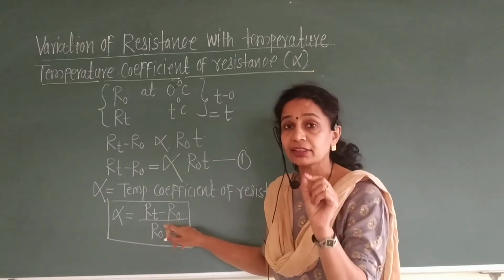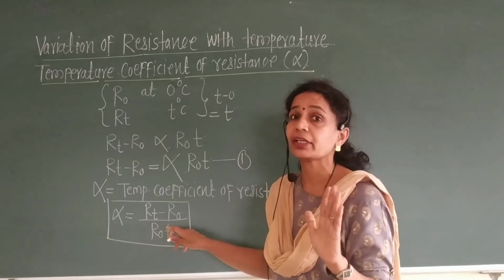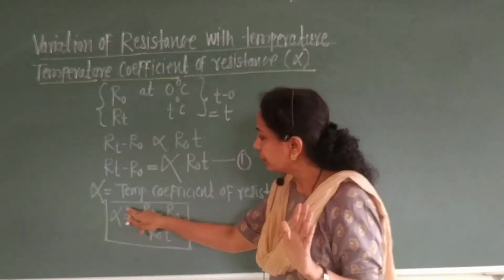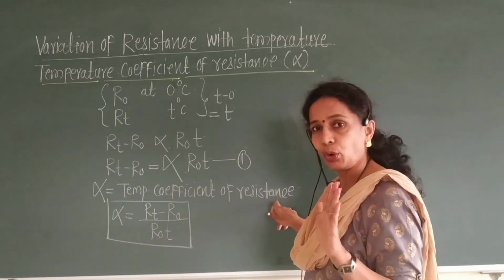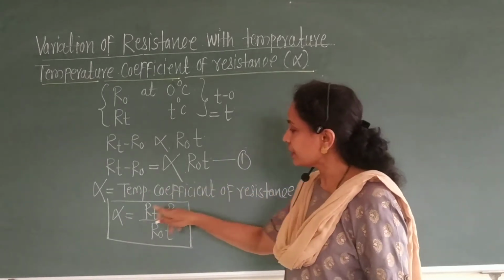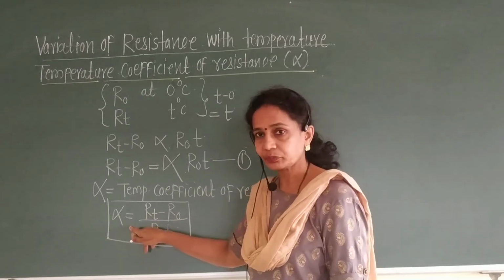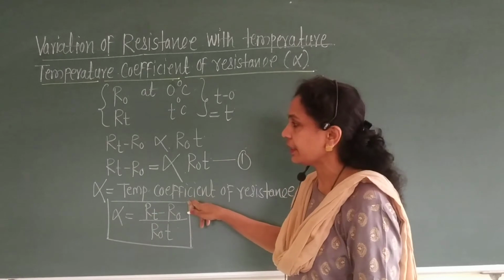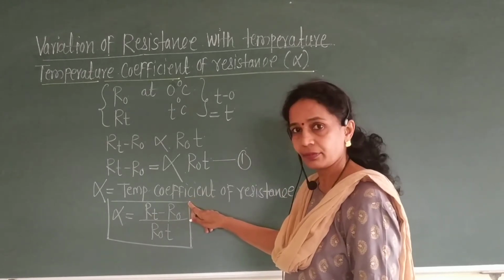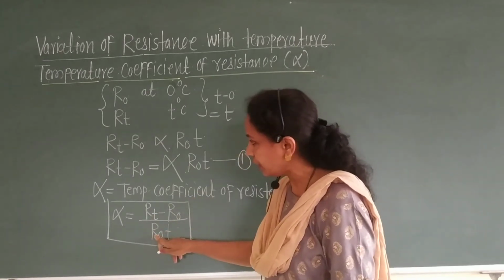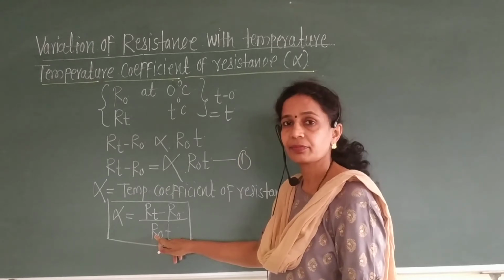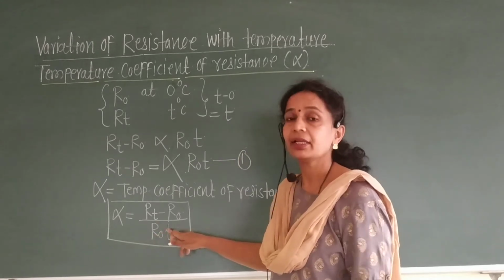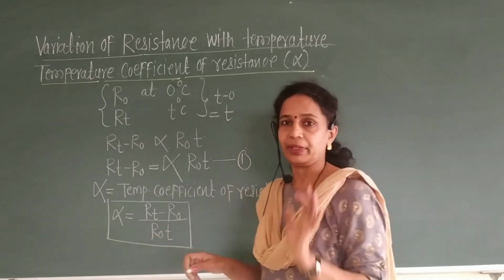Here small t is nothing but the temperature. This is not the time. Therefore, temperature coefficient of resistance is defined as the ratio of increase in resistance per unit original resistance per degree rise in temperature.